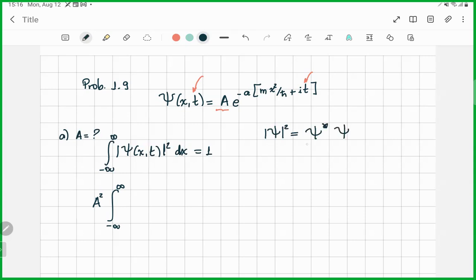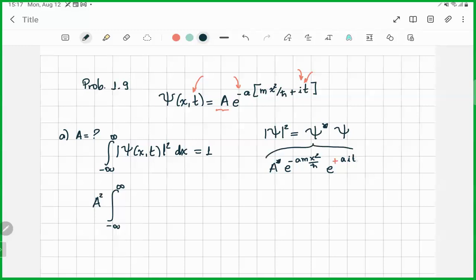In the complex conjugate, wherever we have i, this becomes minus. So this will be A, in principle could be complex, e to the minus a m x squared over h bar. And now that i there will become minus i, but because there is a minus as well here, this becomes plus a i t. So all this is the complex conjugate.